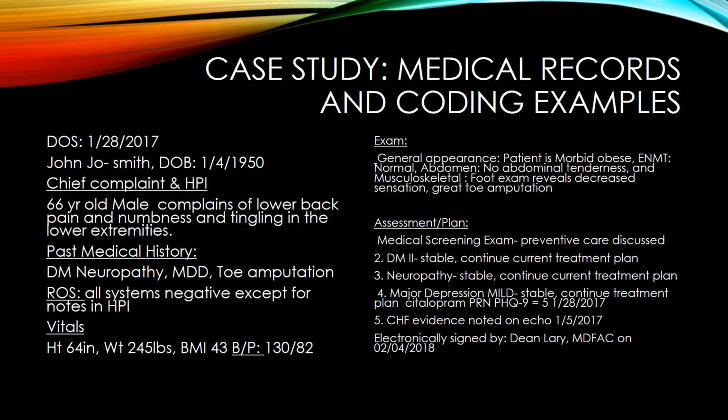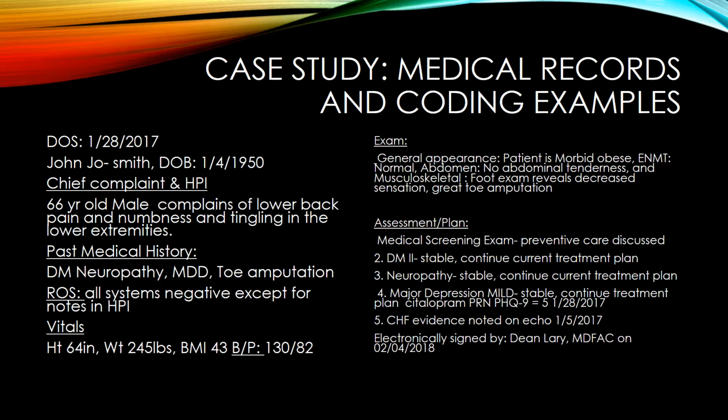So here I created a case study with a medical record, and on the next slide I'll show you the coding examples. We have John Joe Smith, who is 66 years of age and comes in with a complaint of lower back pain and numbness and tingling in the lower extremity. The patient has a past medical history of diabetes with neuropathy, major depression disorder, and a toe amputation.